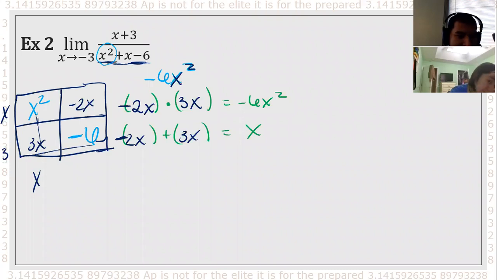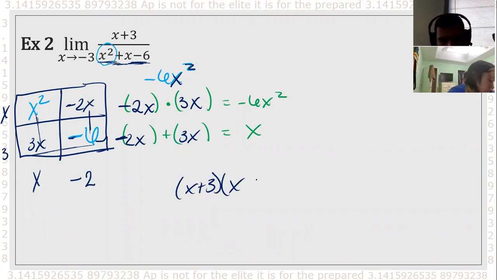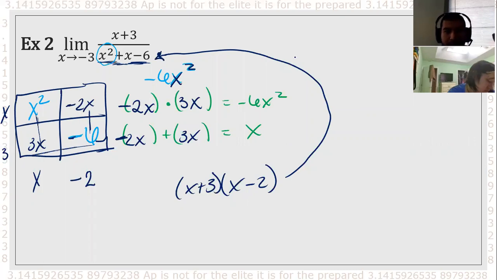X. And vertically, what do the others have in common? -2, a negative, because they both have negatives, and a 2. So in reality, this is x plus 3, and this is x minus 2. All of this is going to replace this right here. So I should have x plus 3 divided by x plus 3 times x minus 2.